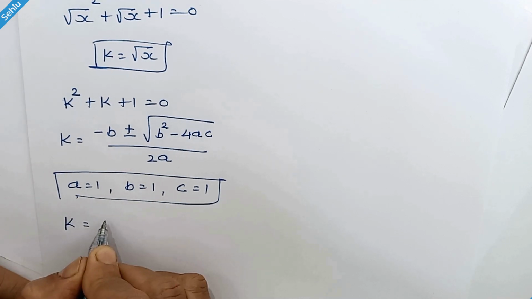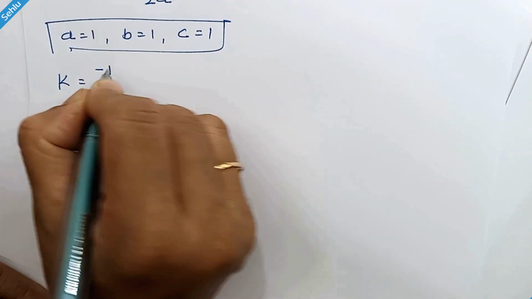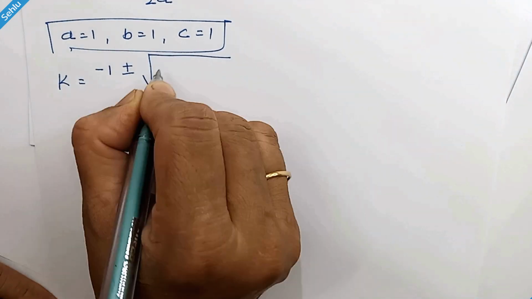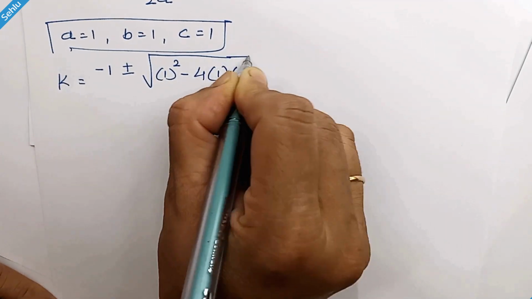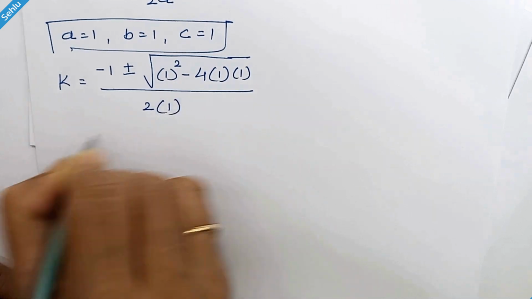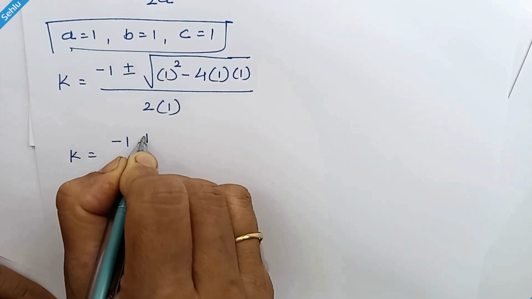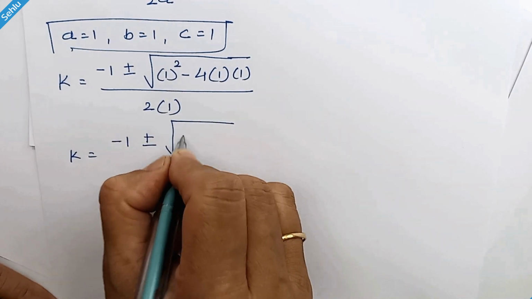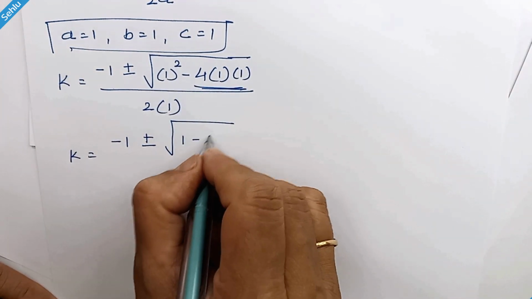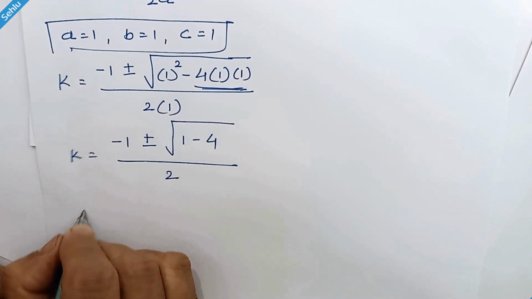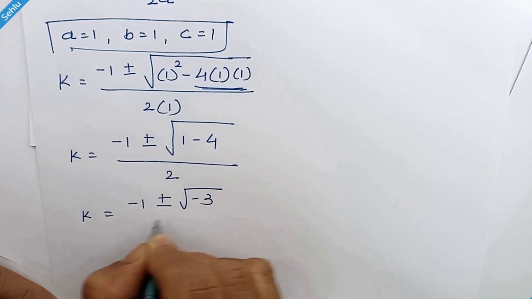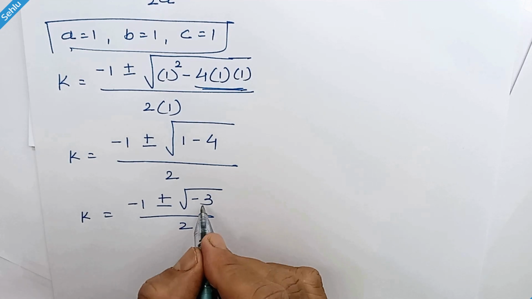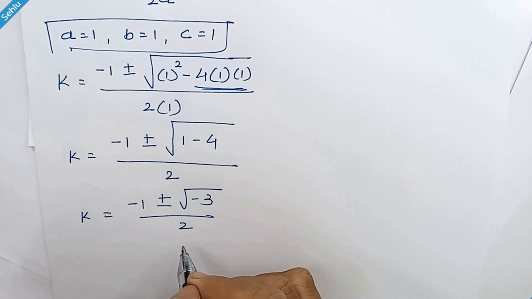One squared is 1 and this will be negative 4. So we have negative 1 plus or minus square root of negative 3 over 2. Now this square root is negative, so the result will be some complex value. So we are not following this part.